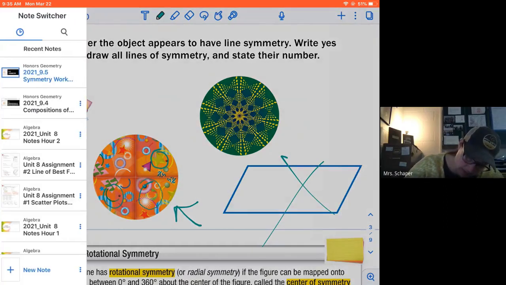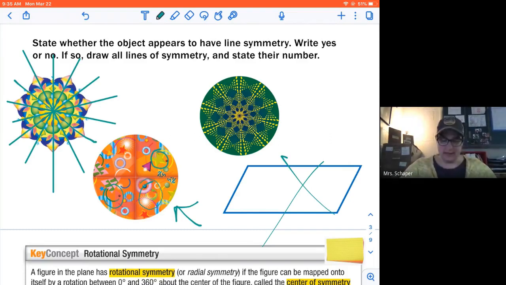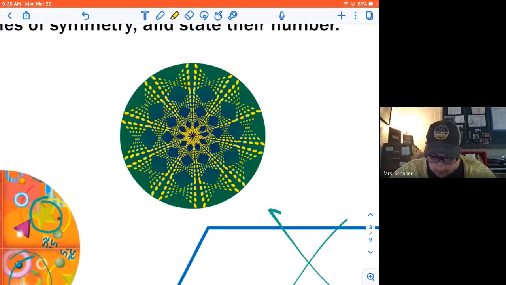Let's count this out. I always have to somehow designate it. So 1, 2, 3, 4, 5, 6, 7. Seven lines of symmetry.